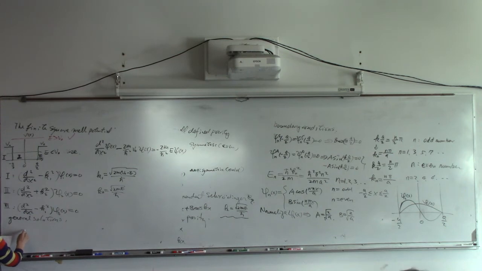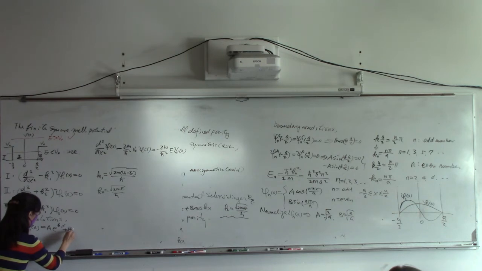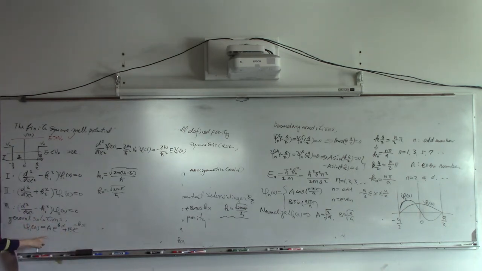So we have psi 1(x). For this one, we have A exponential K1x plus B exponential minus K1x. Here, no i. This is real, right? Because it's negative. And psi 2(x) is a sinusoidal function, right?